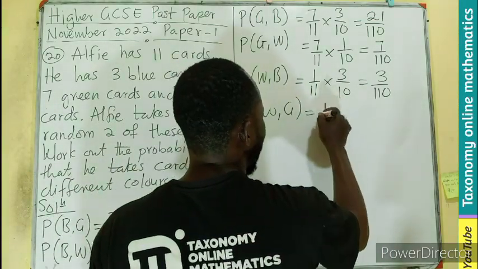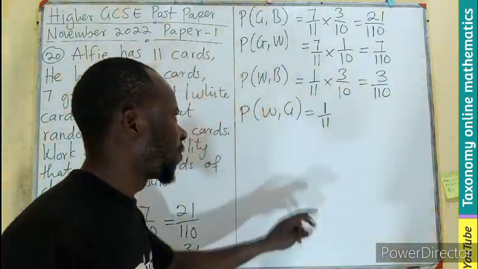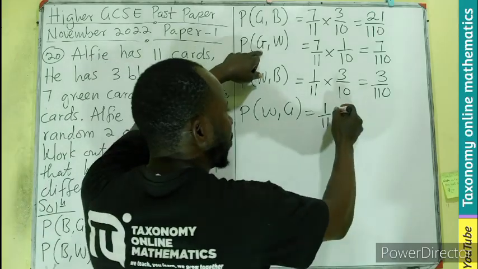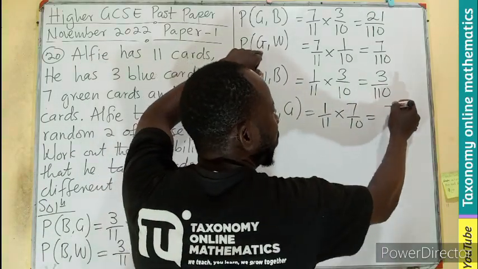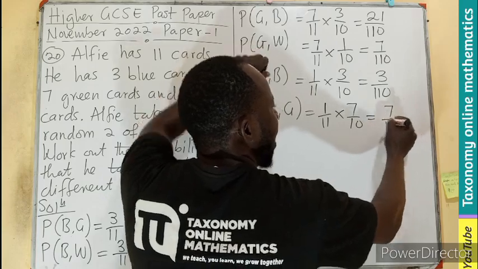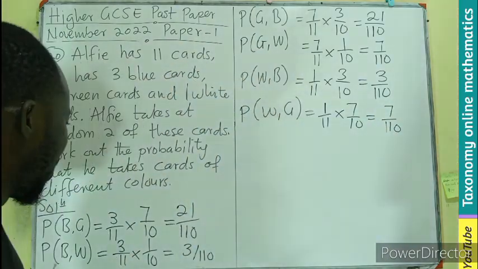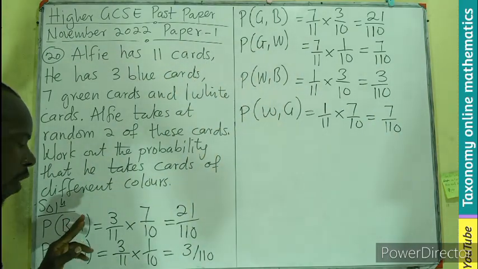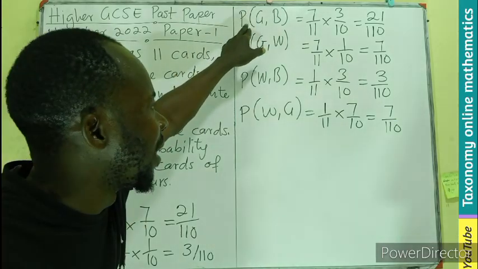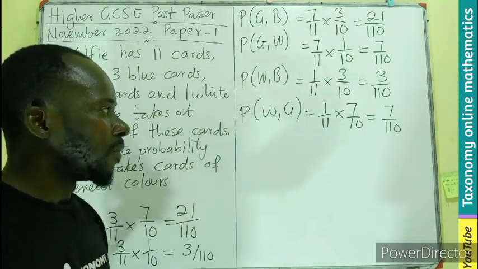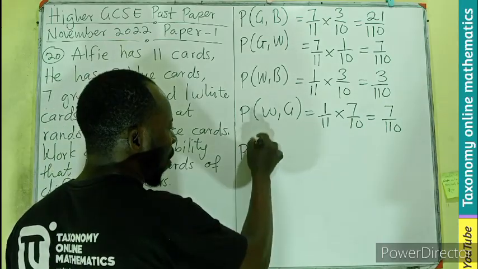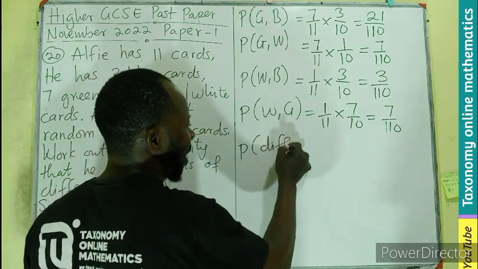So white will be 1 out of 11. The green will remain 7, but the total reduces to what? 10. So 7 out of 110. So this is going to be the first option, or the second, or the third, fourth, fifth, and sixth, or, in other words, addition.